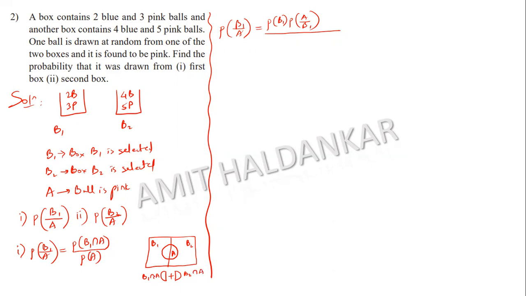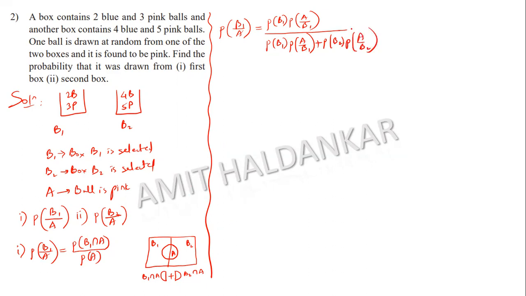These two can be written this way: P of B1 into P of A by B1, plus the second part, P of B2 into P of A by B2.